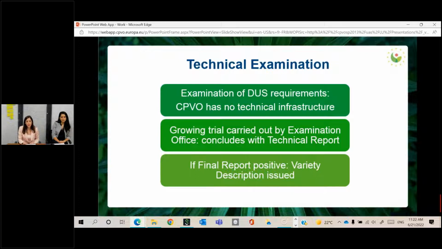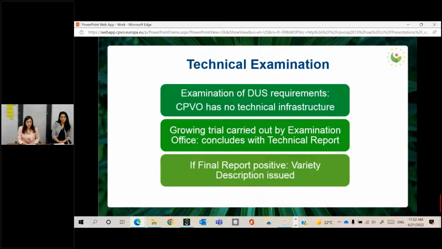These examination offices are in charge of conducting a growing trial where they compare the concerned varieties side by side, and then this examination concludes with a technical report that can be positive or negative depending on whether the technical requirements have been complied with or not.